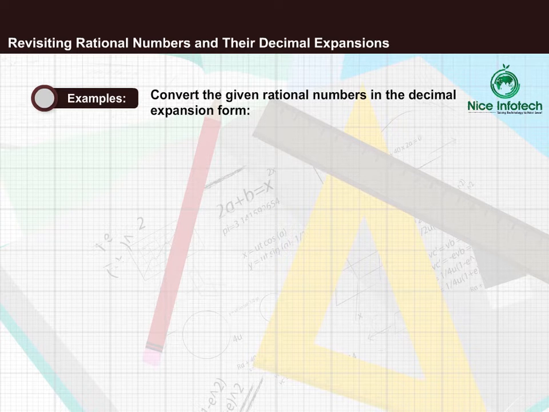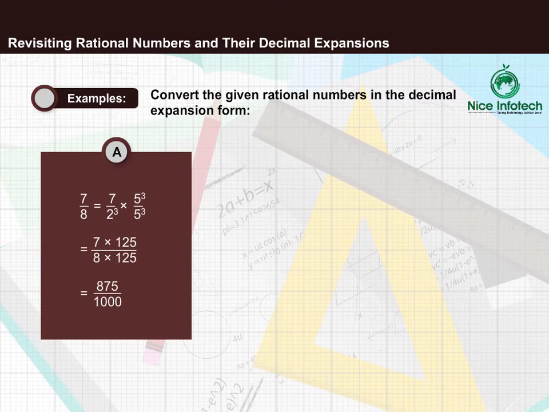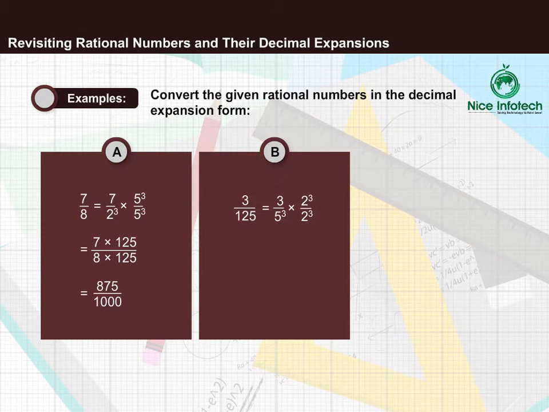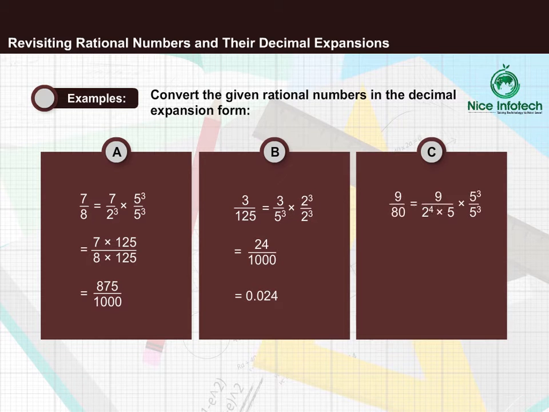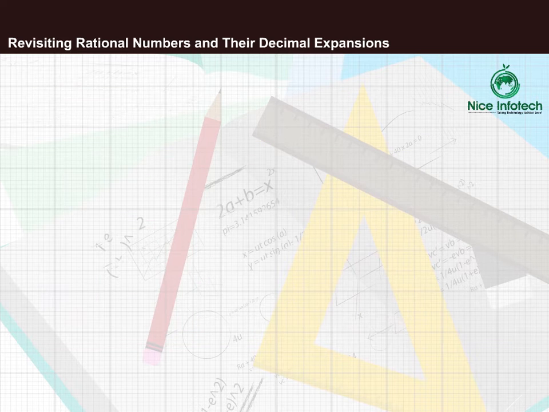Examples: convert the given rational numbers in the decimal expansion form. To solve these questions, we have to make the denominator as 10 or in the form of powers of 10. Let's see how it is done here.